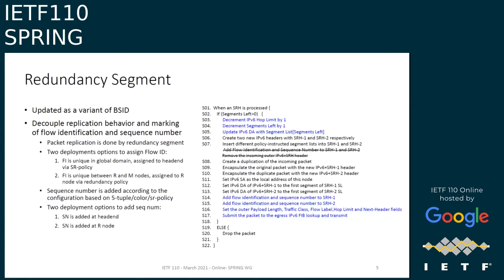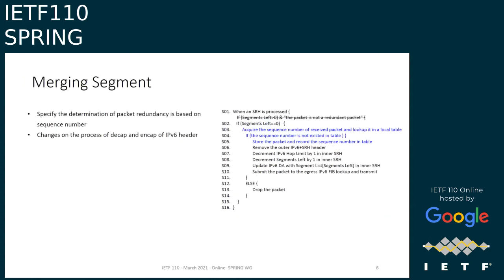After we updated this draft, we also received comments from others, so we should refine the pseudocode later on, and I will not explain the pseudocode here because it will be refined later. Maybe we can just go to the next slide. Also for the merging node, the update is that we specified how to determine whether a packet is a redundant packet or not, because the sequence number is used to make that determination.